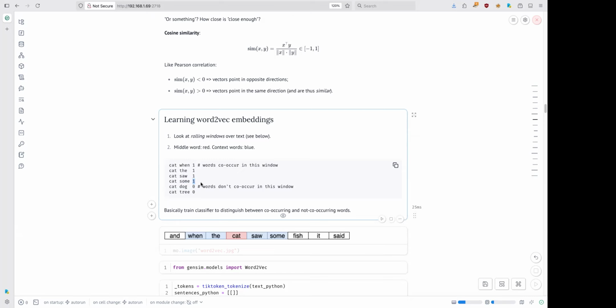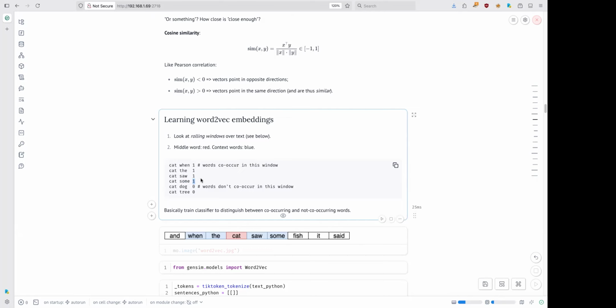We don't look outside the window. So the model will be really dumb. It will predict one for everything, for any combination of tokens you throw at it. This is not what we need.